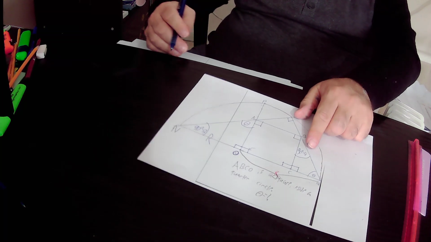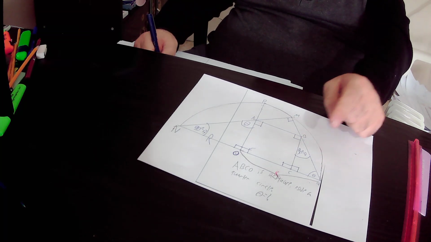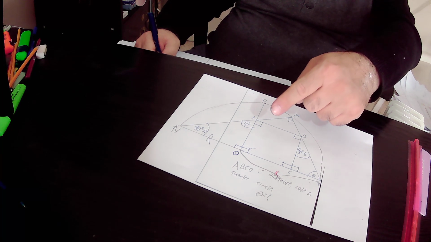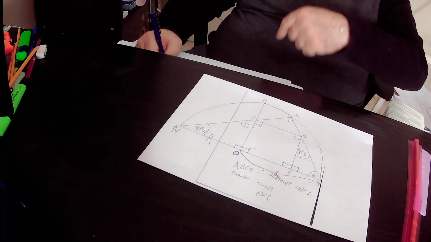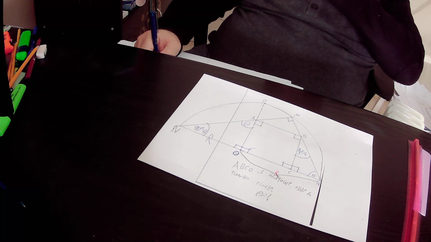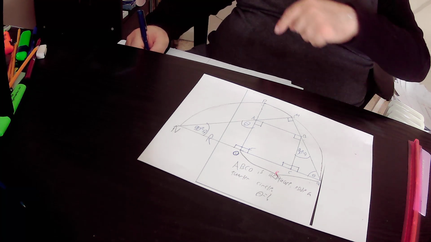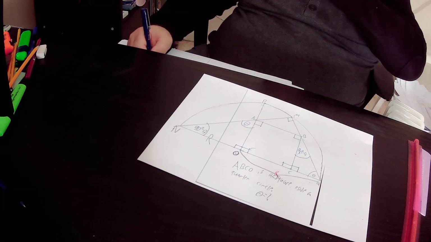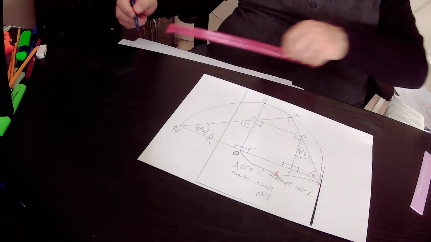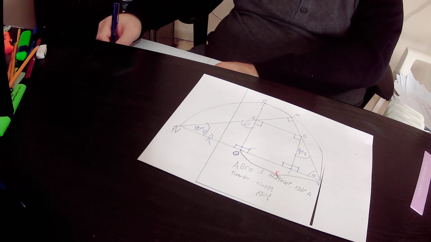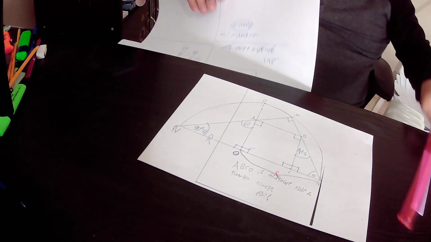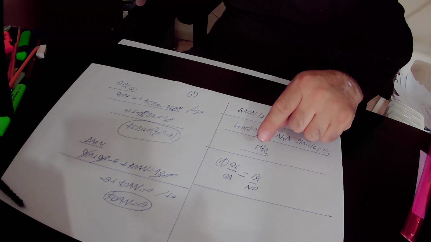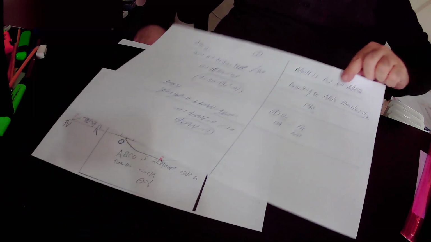We will conclude that QC over OA equals BC over NO. I repeat again, from the fact that triangle AON is similar to triangle BCQ, we will conclude that QC over OA equals BC over ON. Okay?